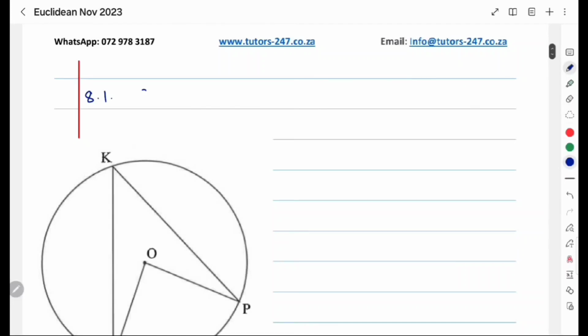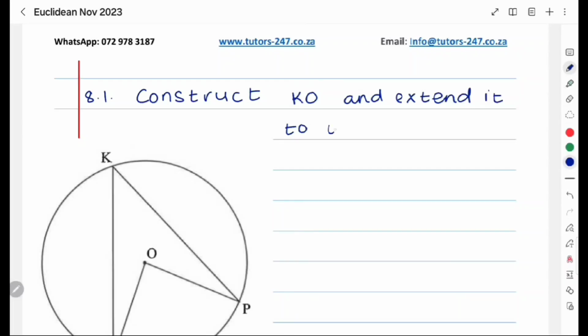Our first step is to construct KO and extend it to the circumference.